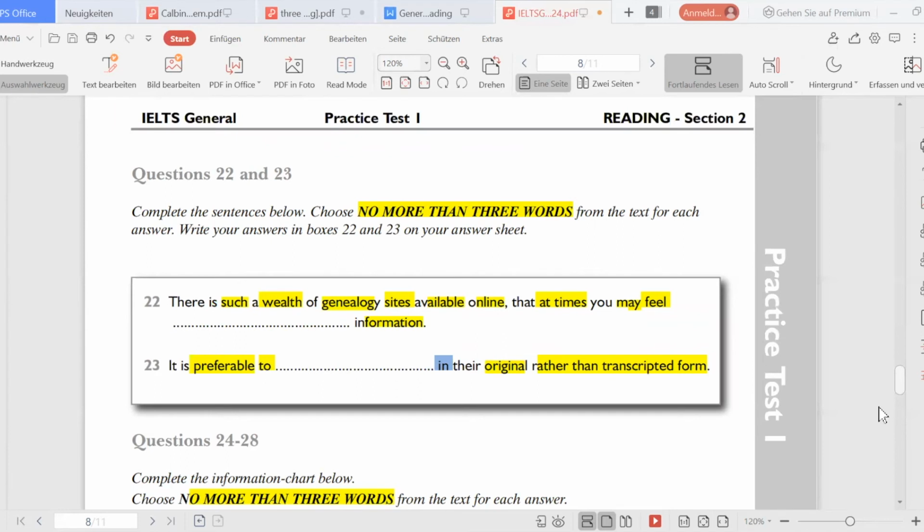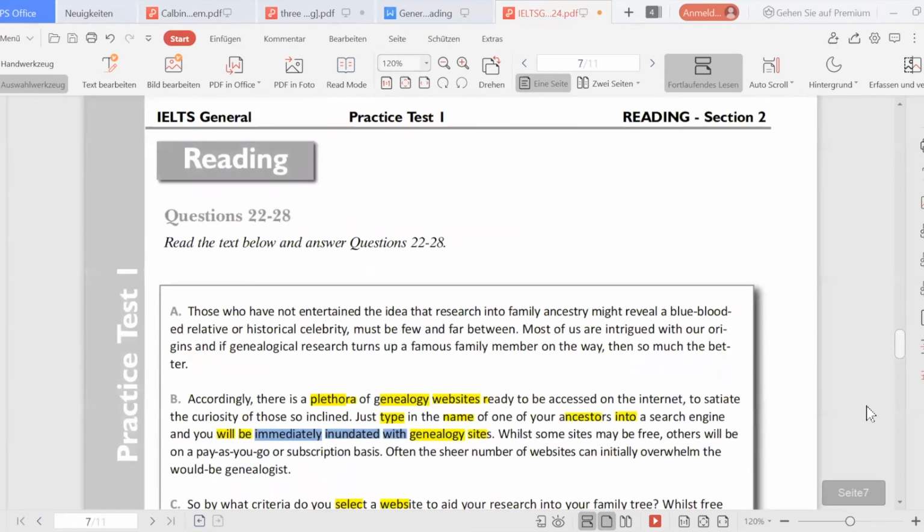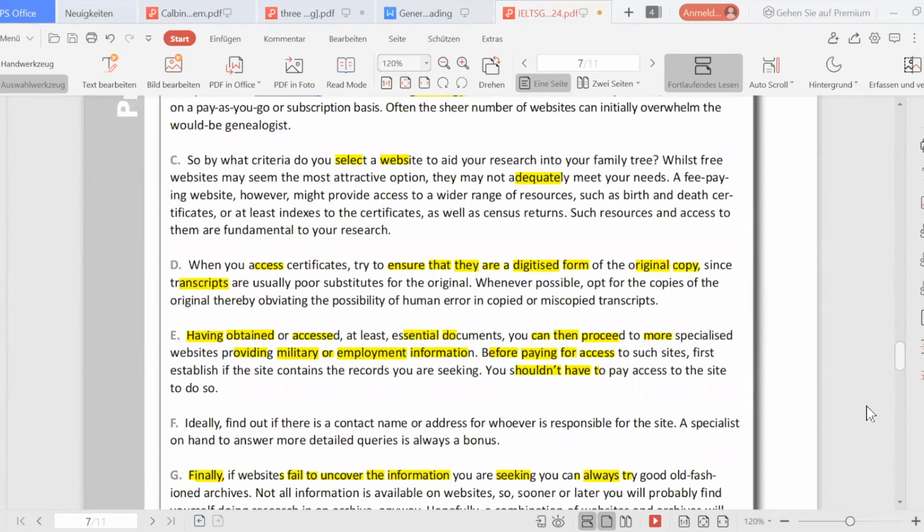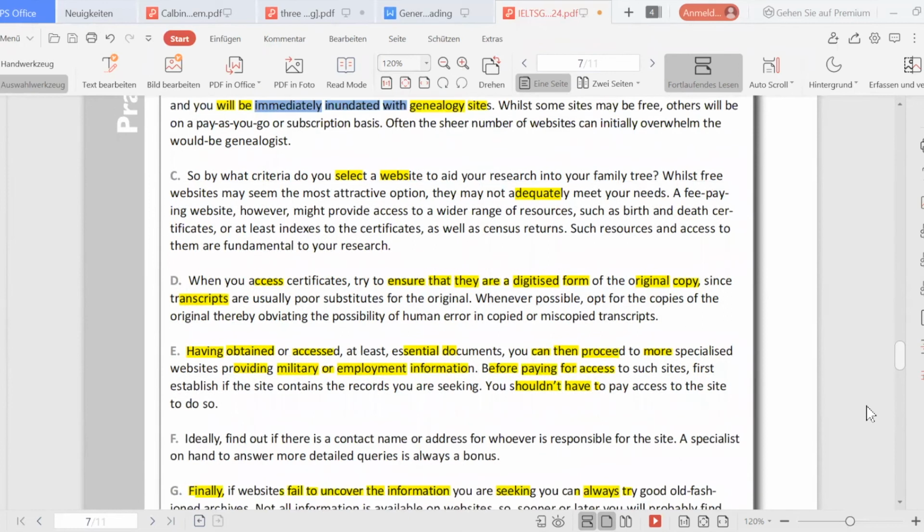So let's read it and figure out what is being talked about, this preference. Okay, that sentence says, when you access certificates, try to ensure that they are a digitized form of the original copy, since transcripts are usually poor substitutes for the original.